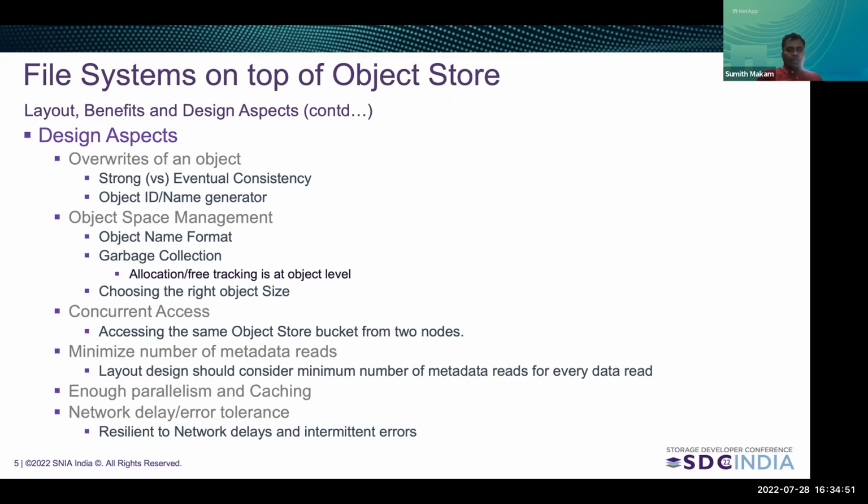So, keeping network delays and intermittent errors in view, applications should have the retry logic themselves. After retrying for a certain amount of time, if the same error persists, then it's okay to return an error to the clients. But there are certain types of errors, called fatal errors, like object not found. In those cases, it's okay to return an error to the client as soon as the error is returned by the object store.